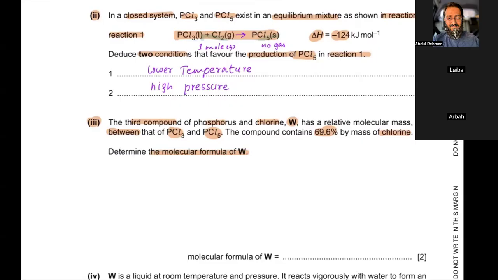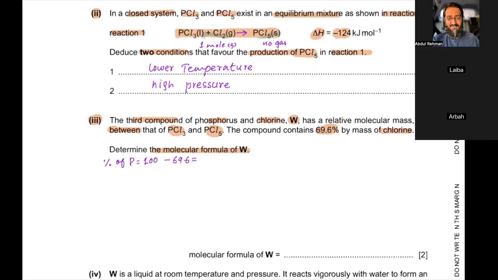So you can calculate the percent of phosphorus. To calculate the percentage of phosphorus, we have to subtract the percentage of chlorine from 100. It is going to be 100 minus 69.6, which is equal to 30.4.